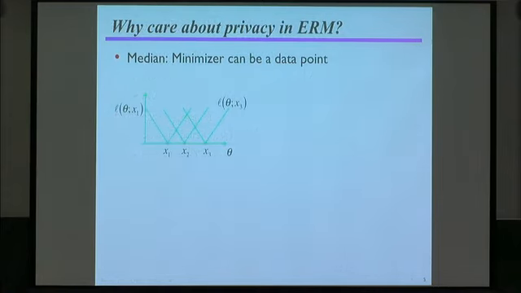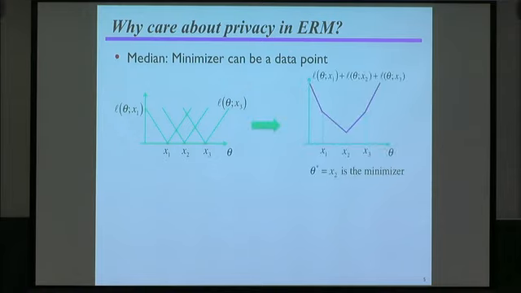A very simple example is if I take the median in one dimension. If I think of it as an optimization problem, the loss function I'm trying to minimize is the sum of these little wedge functions. For 3 data points, the loss function looks something like this. And in one dimension, the true minimizer, the true median, is essentially always a data point, at least when the number of data points is odd.